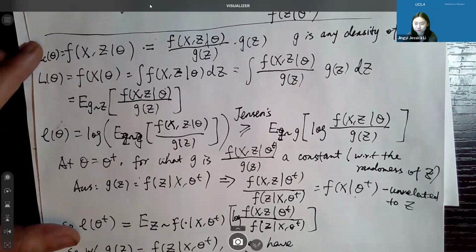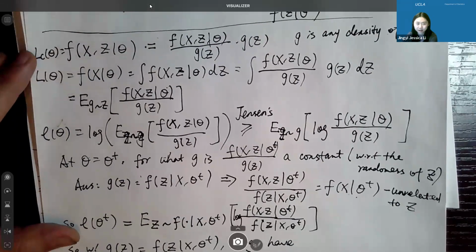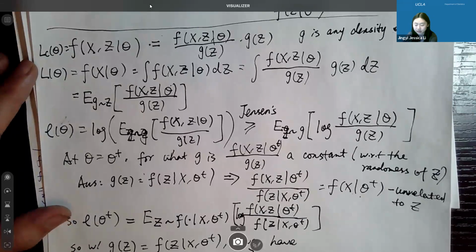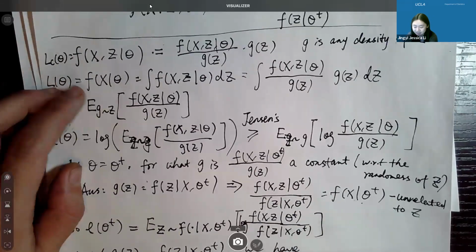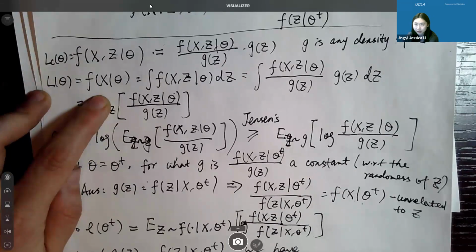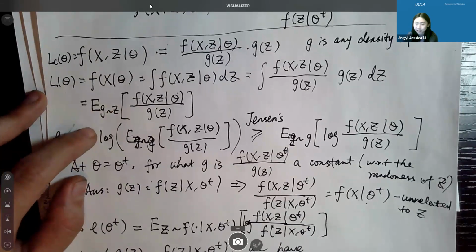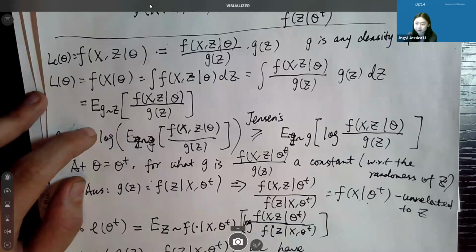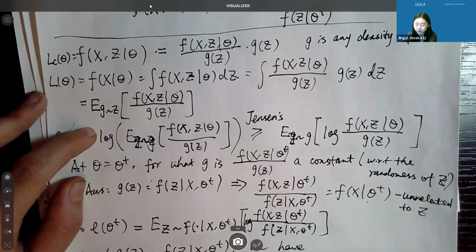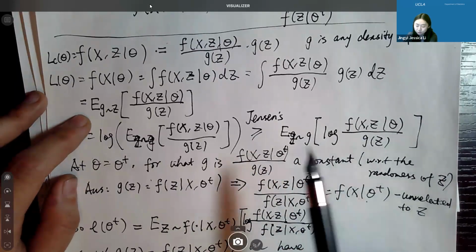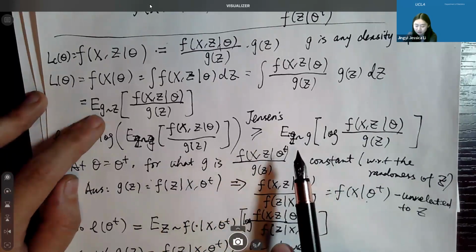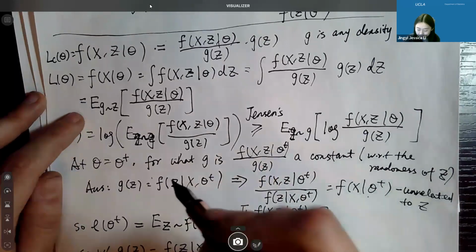Because we just redid everything except our introduction to Jensen's inequality. So the key is to write down the likelihood we want to maximize as some expectation over z, the latent variable. And we say that this Jensen's inequality holds for any distribution of z called g. Yeah, I think this is wrong.